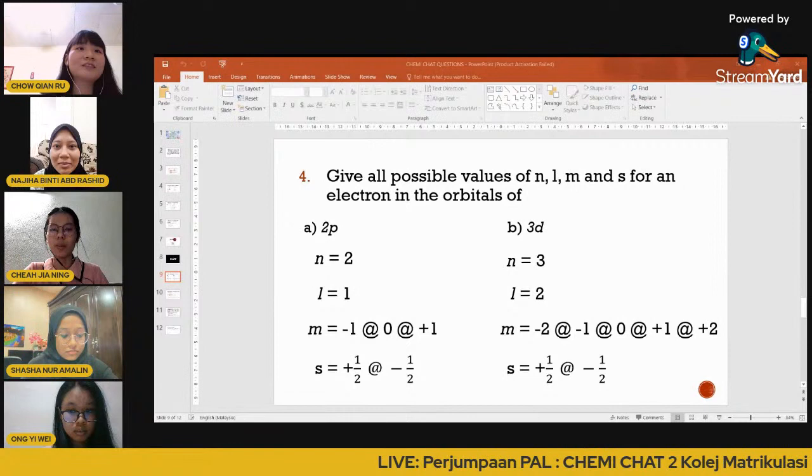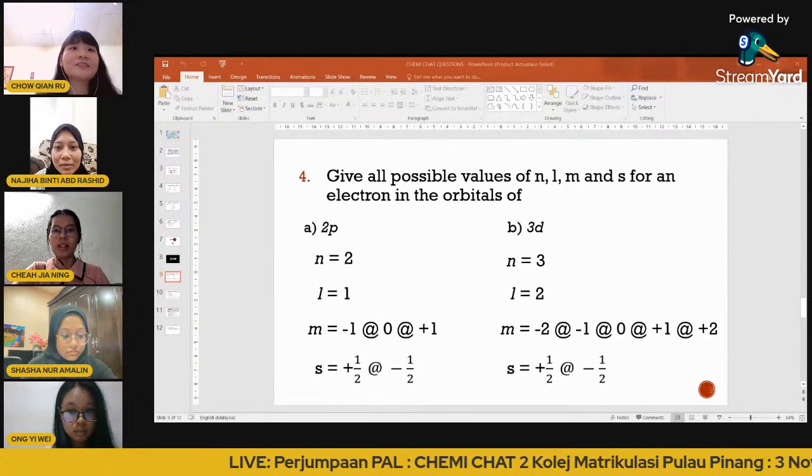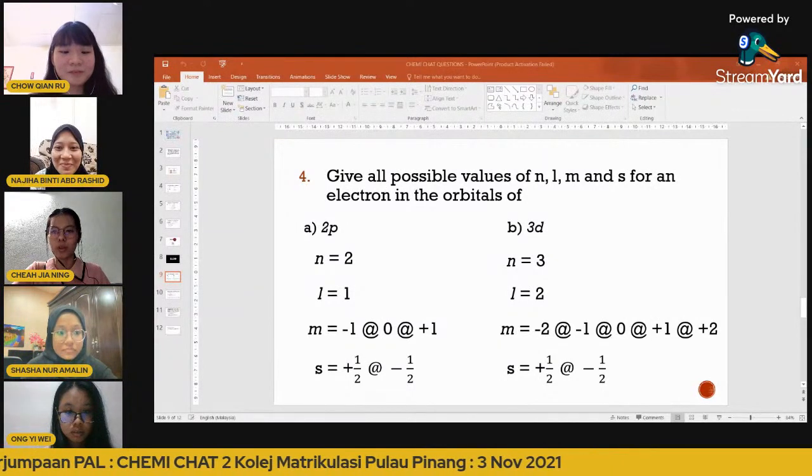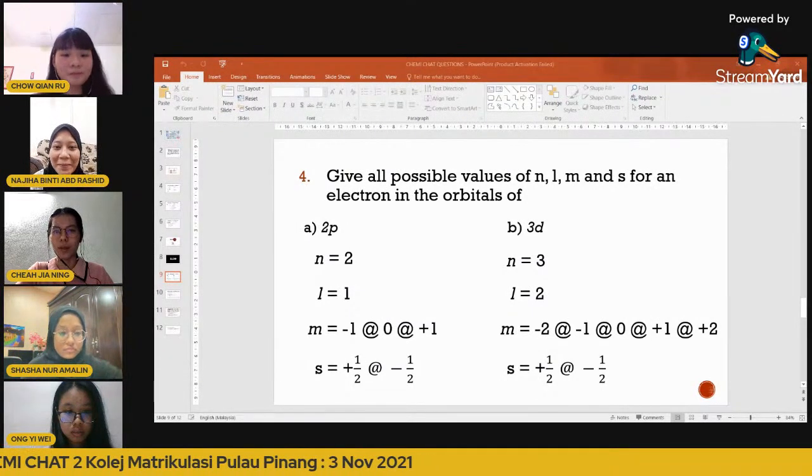The value of s can only be positive 1/2, which represents clockwise, or negative 1/2, which represents anti-clockwise.